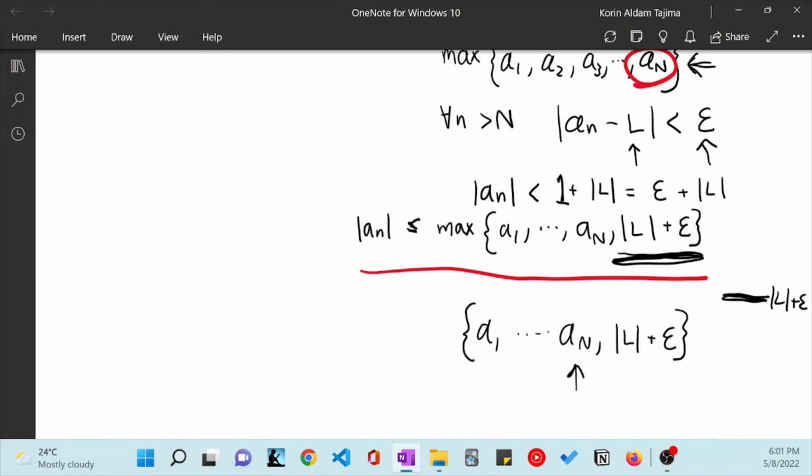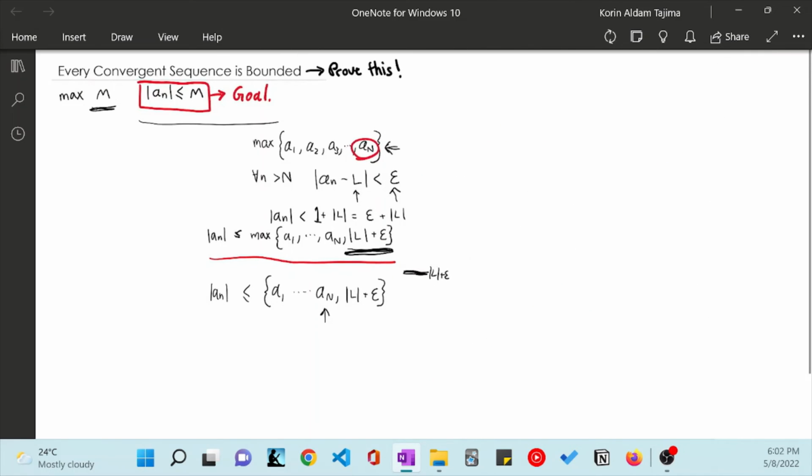So we've proven the entire sequence of a sub little n's must be less than or equal to all of these values. And that's pretty much the entire proof.